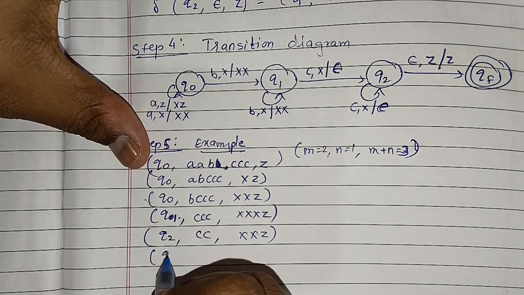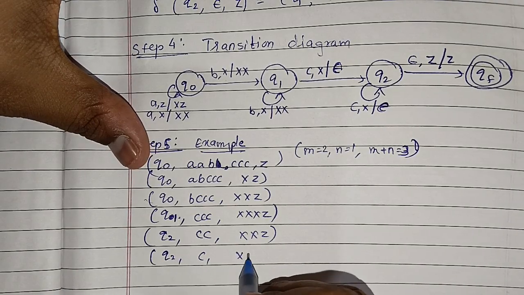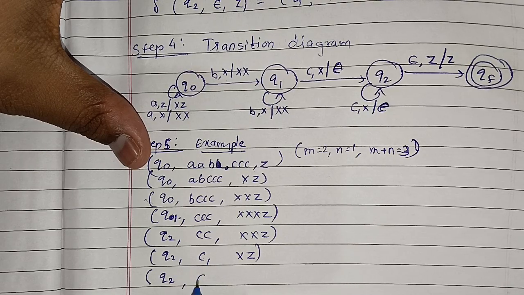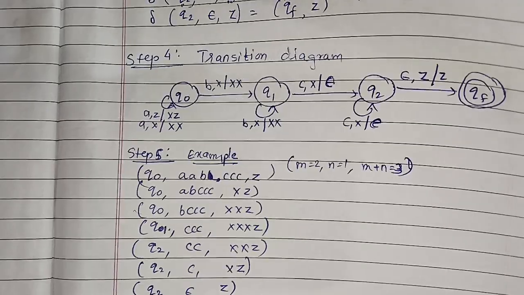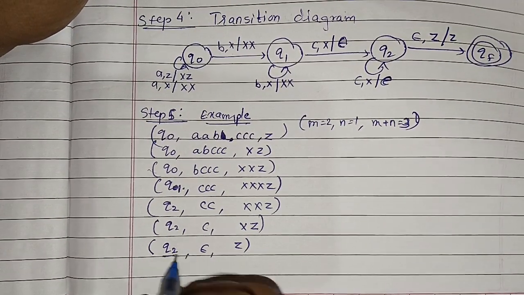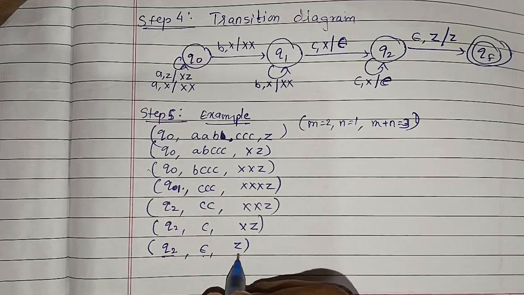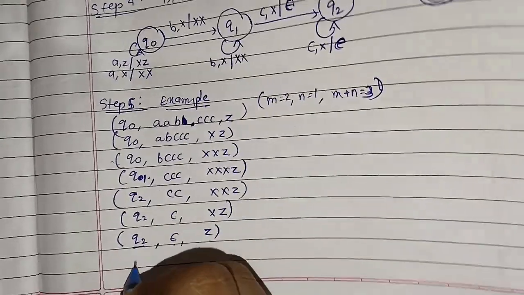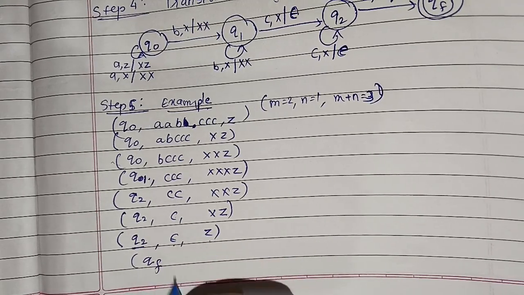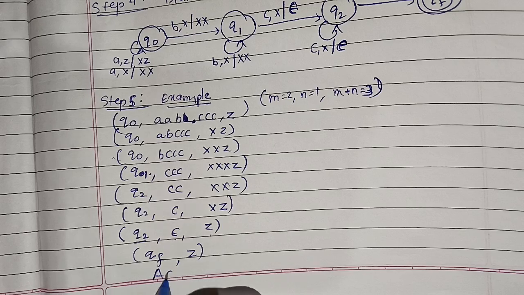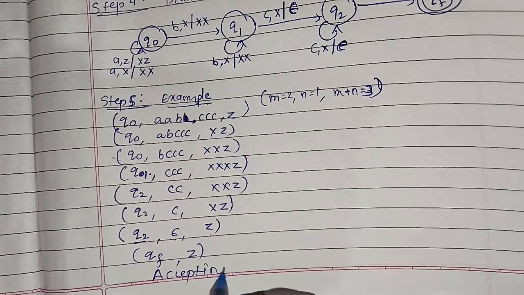Q2 receives c, in Q2, pop x. Q2 receives c, pop x. Now only one Z remains, meaning the stack top is now Z. So Q2 null string and Z. In the transition we have seen QfZ. QfZ means we have gone to the final state, so it is accepting.